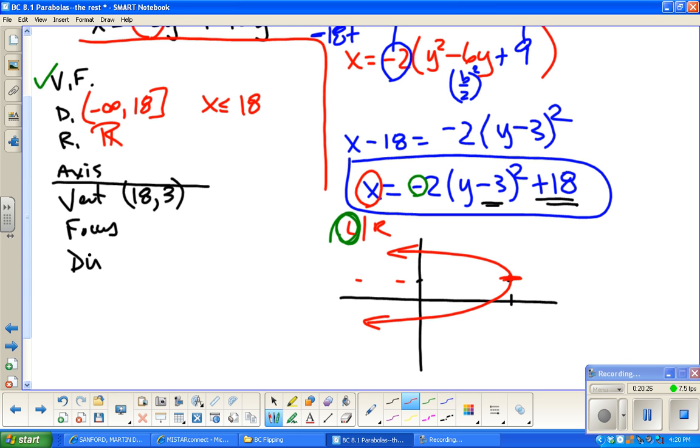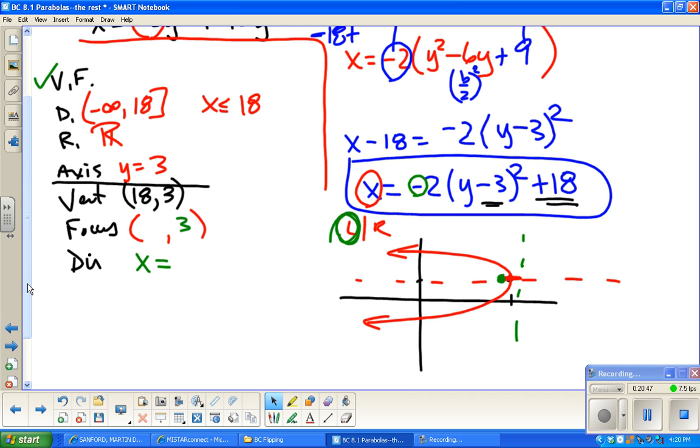So there's a line through here, and it's y equals 3. Okay, so what's left? The focus, in this case, will have the same y value. Okay, so I already know that's going to be 3. And the directrix, since it's got to be vertical, will be x equals. And I just need to find the value of those two x values.